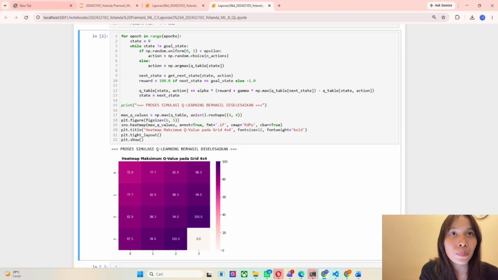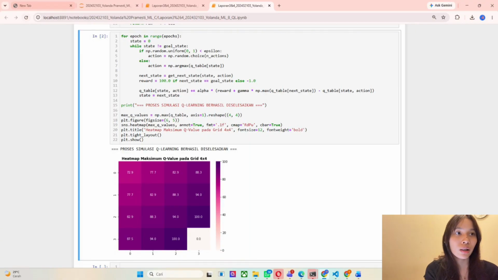Here I set up the hyperparameter constants. The learning rate alpha is set to 0.8, meaning the agent updates its memory aggressively based on new rewards. The discount factor gamma is 0.95, which gives significant weight to long-term future rewards.